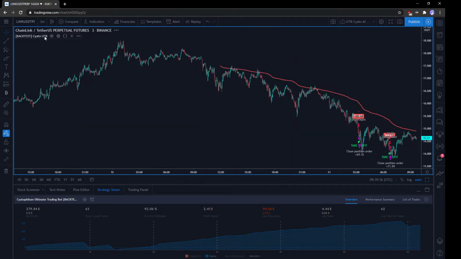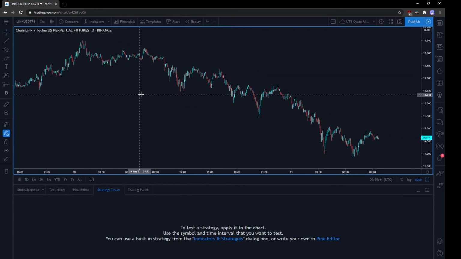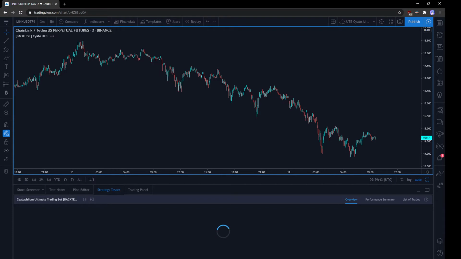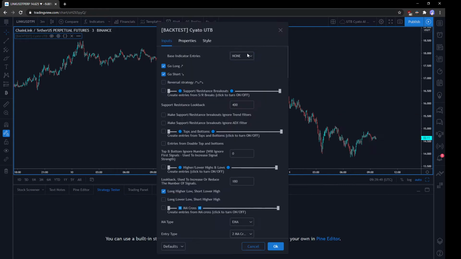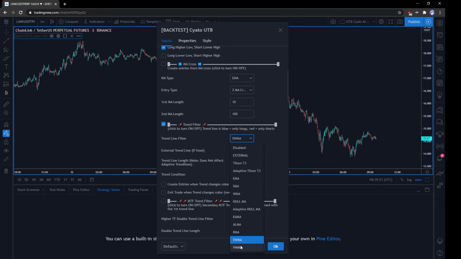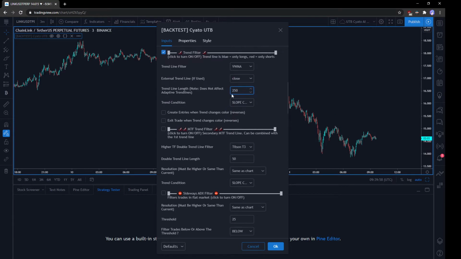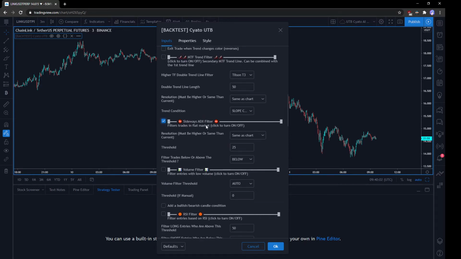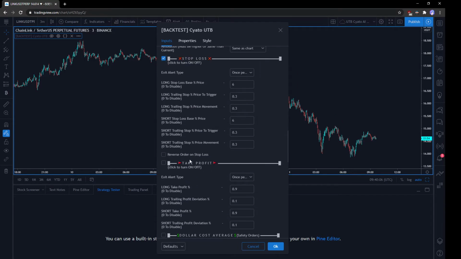So here on Chainlink, I'm updating the indicator. Okay, so I'm going to create the same kind of settings. So the trend line, ADX feature, stop loss, take profit.